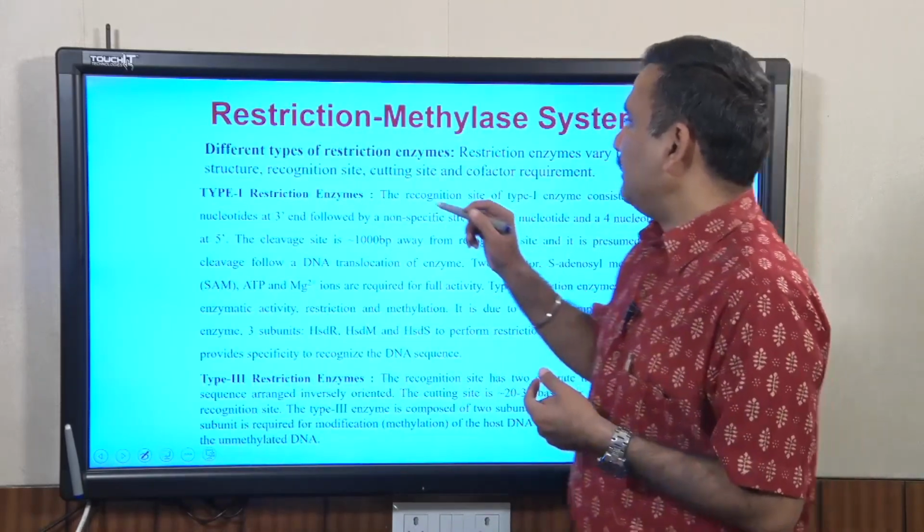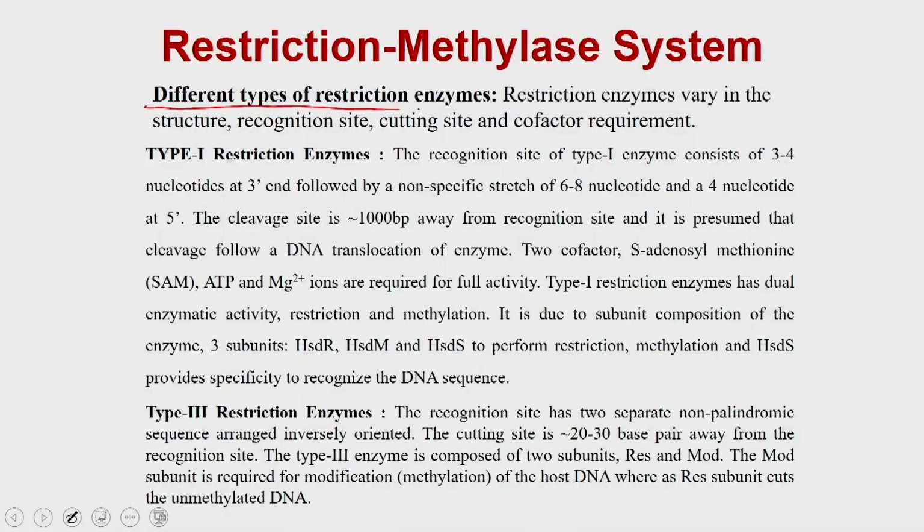There are different types of restriction enzymes. Restriction enzymes vary in their structures, recognition sites, cutting sites and cofactor requirements. Based on these parameters, the restriction enzymes are of 3 different types. One is called the type 1 restriction enzyme.